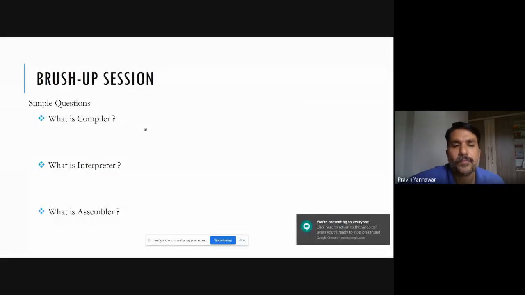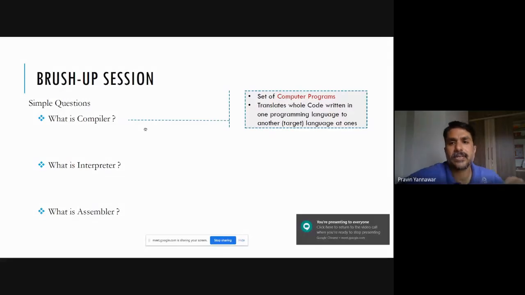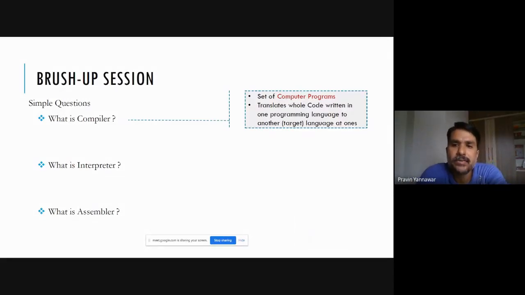Okay, so what is a compiler? A compiler is a set of programs. It translates the whole code written in one programming language to another language, called the target language, at once. So very rightly said by Vaibhav, it converts a high level language program into a low level language program at once.